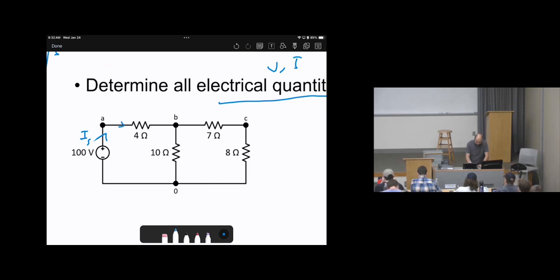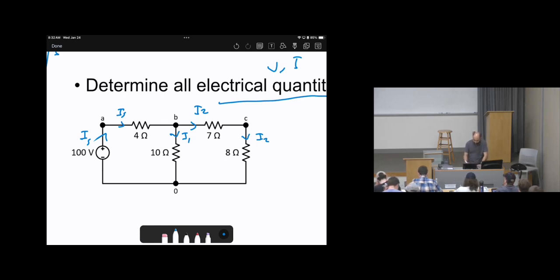For the 4 ohm resistor, I source remains. Then at point B, it splits. I'm going to call this one I1 and this one I2. For the 8 ohm resistor, I2 remains, no change. Now all of the current directions have been labeled.